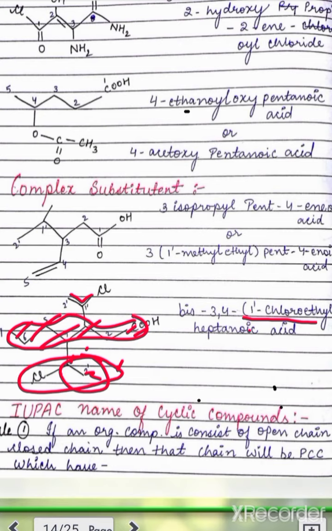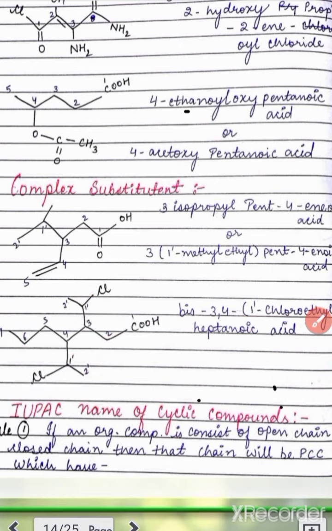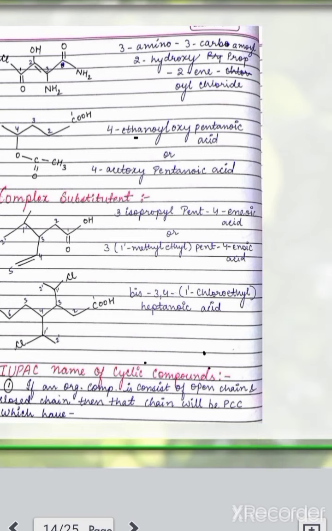And similarly this group is also the same, so we write bis. At third and fourth position of the main parent carbon chain we have these two substituents, so 3,4-bis(1-chloroethyl)hept. The main parent carbon chain is of 7 carbons, so heptanoic acid, oic acid for the COOH group, this one.